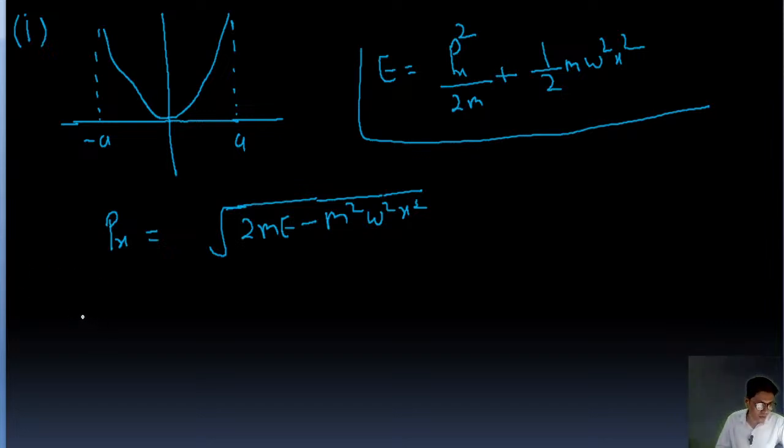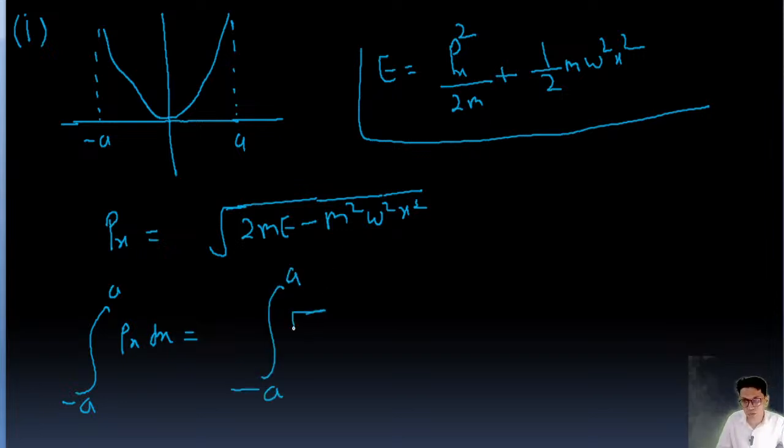So now we'll find out this integration, minus a to a of Px dx, for this harmonic oscillator. This value is going to be integration minus a to a root 2m E minus m square omega square x square dx, right?